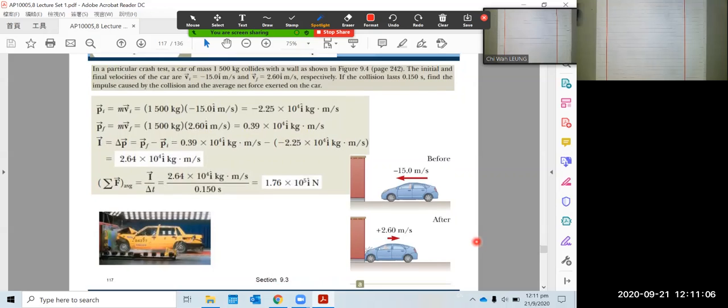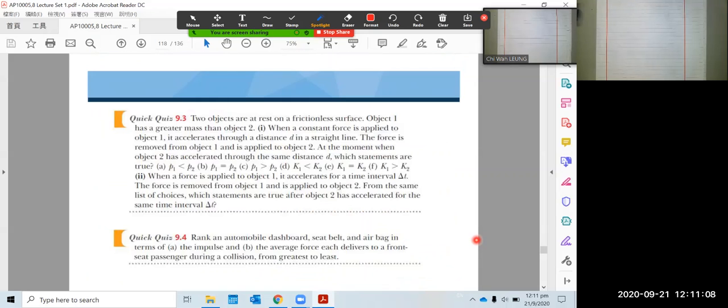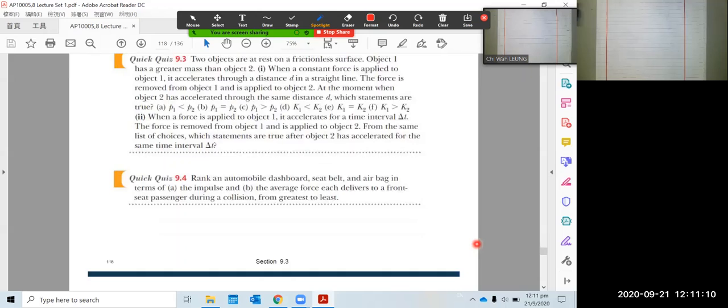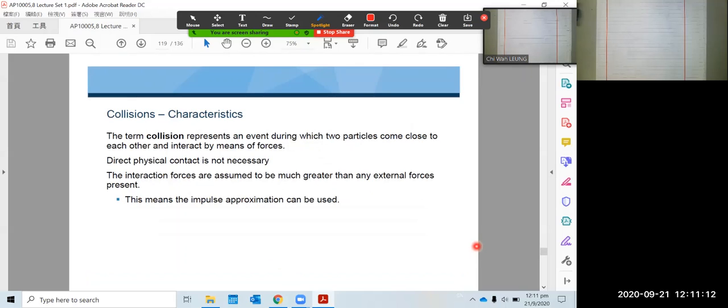Now, let us take a look at the consequence of the change of a linear momentum, or the consequence of the velocity changes due to colliding objects. And this is the topic that would be very important in the linear momentum, and that is the collision of the objects.